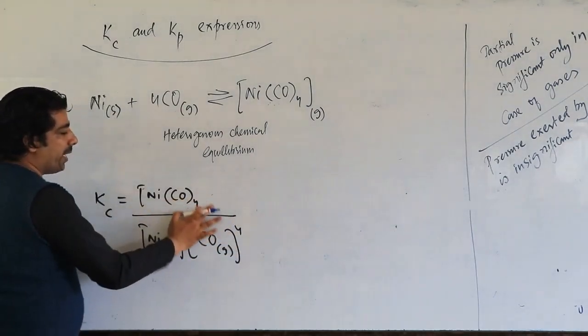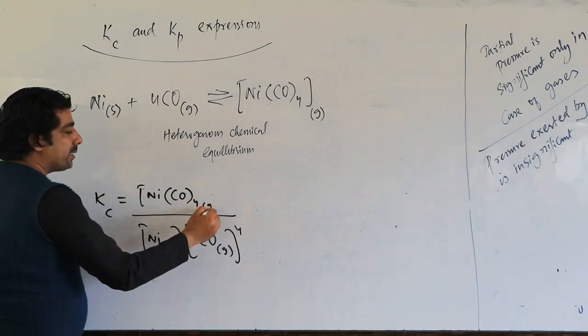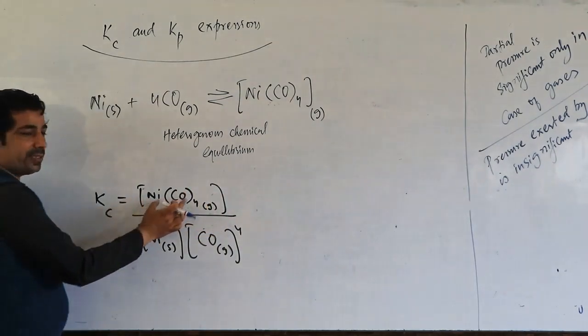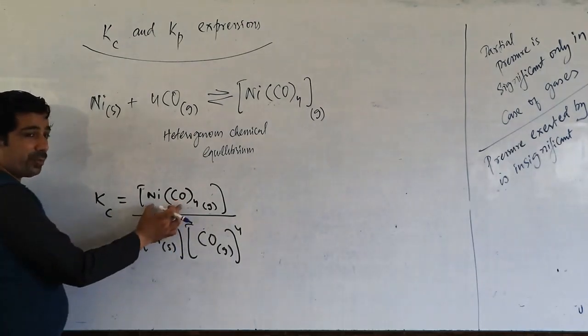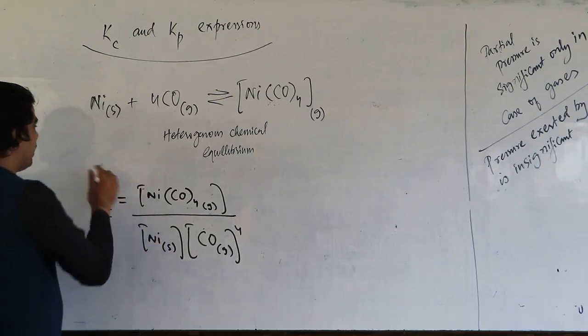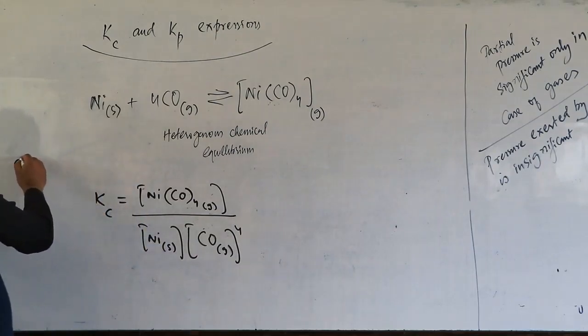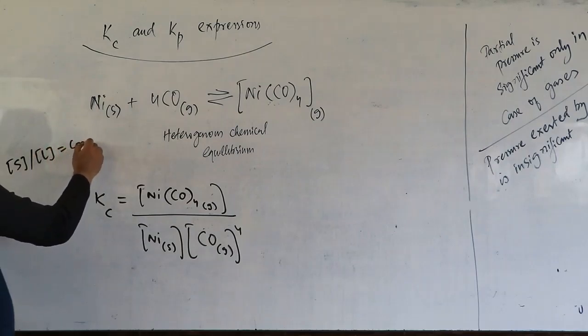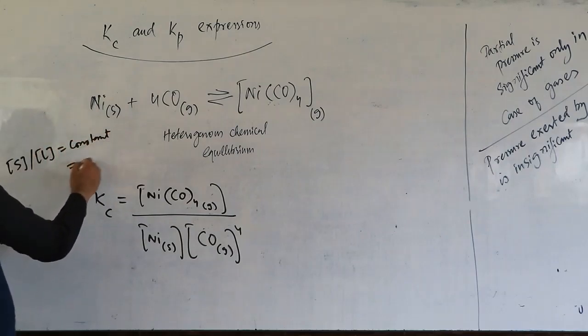Okay, and we know, my dear friends, this Kc is basically equal to molar concentration of products divided by molar concentration of reactants. And you know that for solids and liquids, molar concentration is taken as constant, or taken as 1.